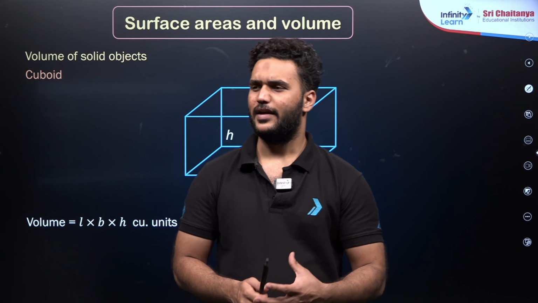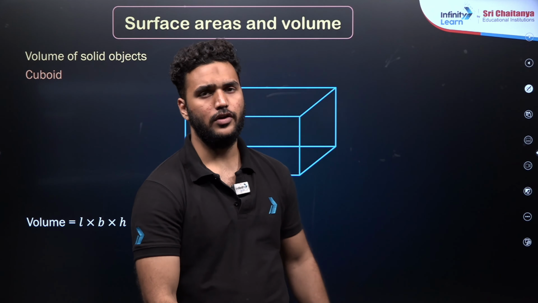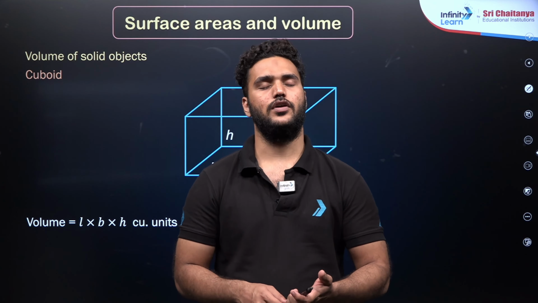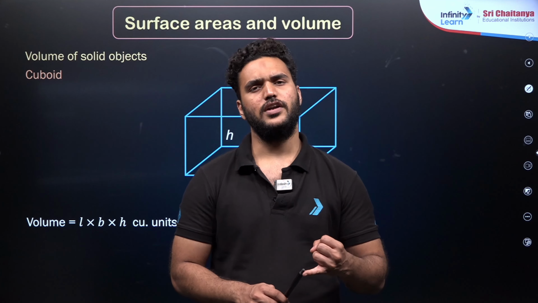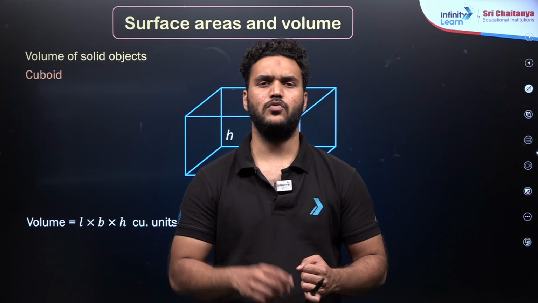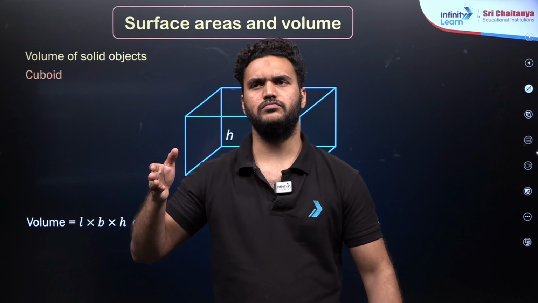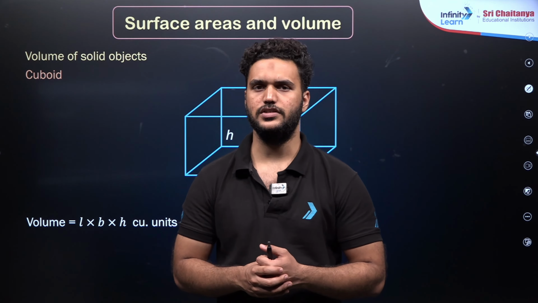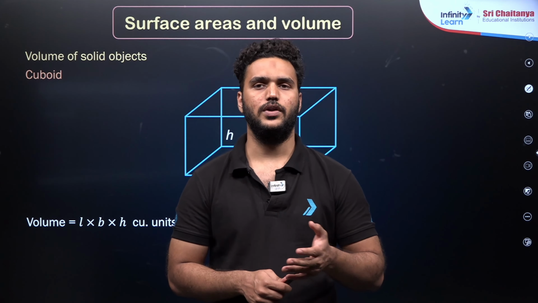Or we calculate it using water. Let's say we have water at room temperature. The density of water at room temperature is such that 1 liter is equal to 1 kg.